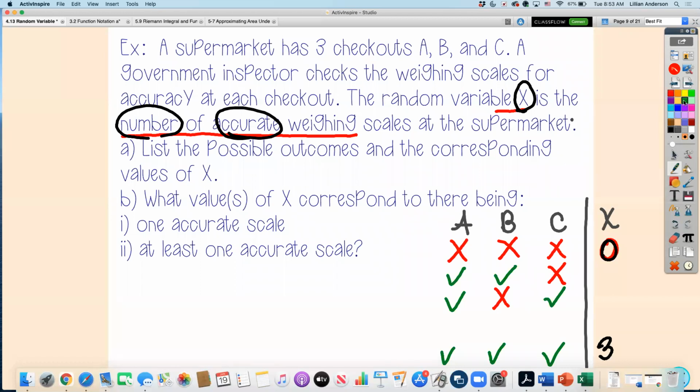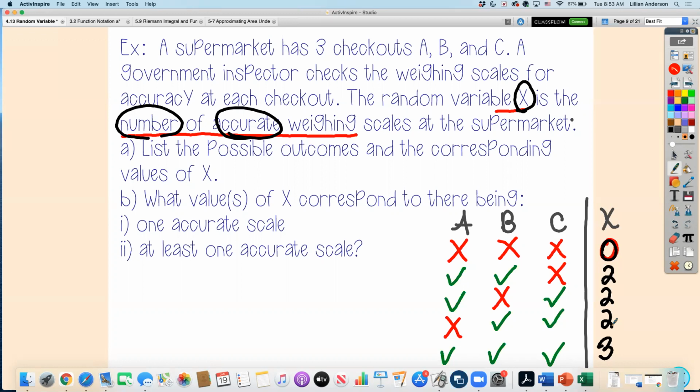Or B and C are accurate, but A could be broken. Any one of these situations that could happen, what's the value for the random variable X? That's 2. 2 for every single one of them, okay?